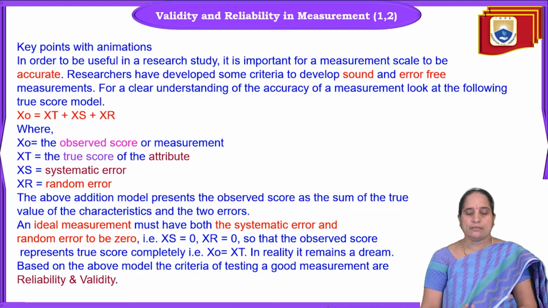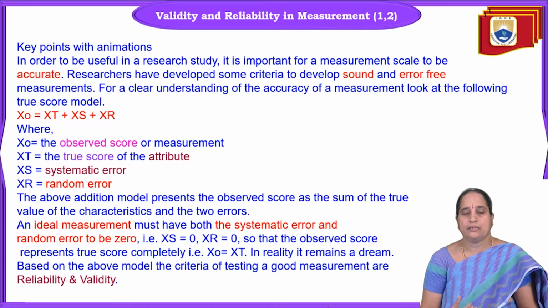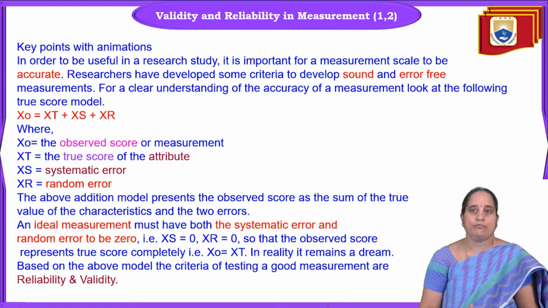Xs is any systematic error that occurs while collecting data from various data sources, and Xr is any random error. We need to consider all these to find whether the given data is accurate or not.